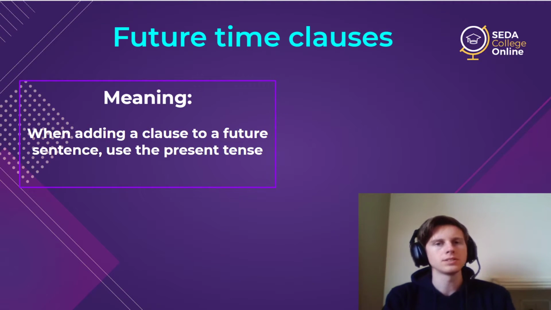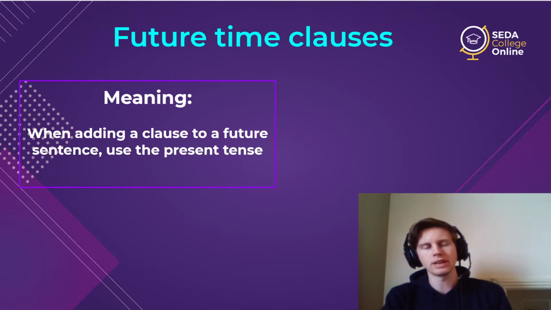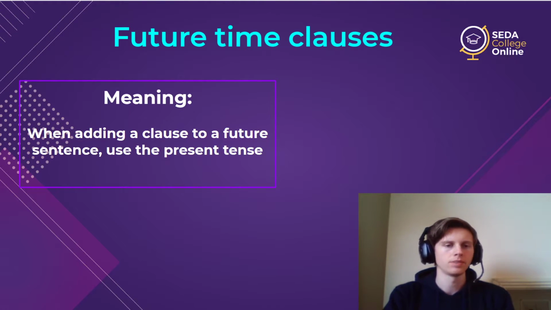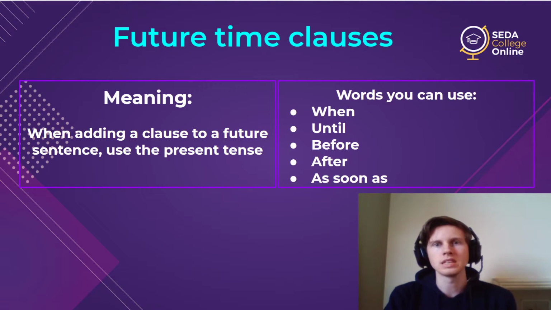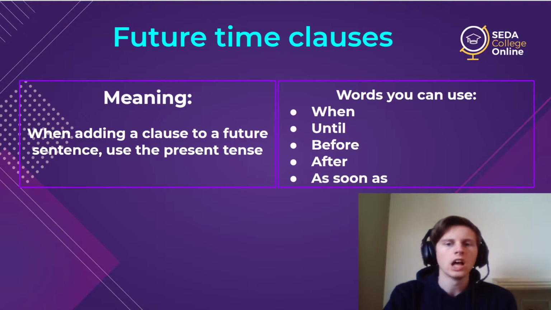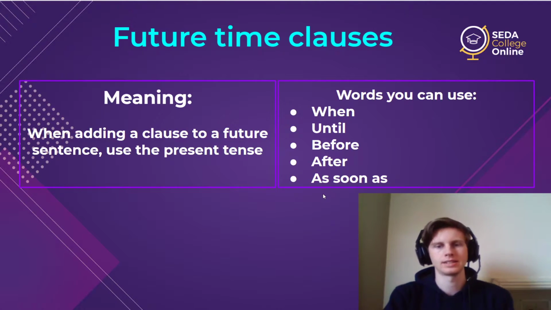So always, when you are adding information to a future sentence with another sentence, use the present tense. So I'm talking about these kinds of words: when, until, before, after, as soon as, and we could put if here too. It works the same way. If you use the present tense.